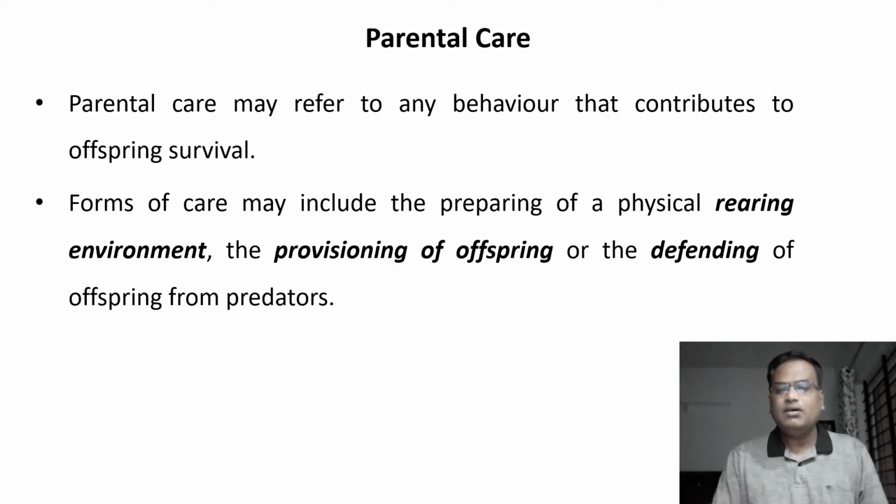So provisioning of offspring is another type of parental care. Then defending from the predator. So protecting the young ones or protecting the eggs from the predators on one hand, and from the environmental forces, I mean the environmental factors which will cause damage or which will harm the individual. So that is also another type of parental care behavior.